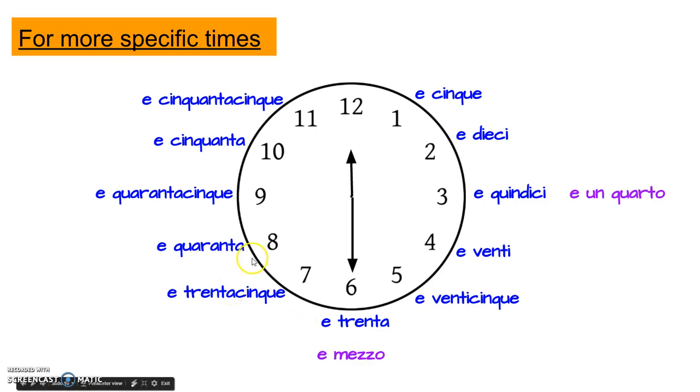Now, as we get closer to the next hour, we could use expressions like 20 to 1, or 5 to 1, or 10 to 1. Italian has a similar way of expressing this, but using the word meno. So, for example, all'una meno 20. So this is like saying at 1 o'clock minus 20 minutes, or 20 to 1, as we would say in English.